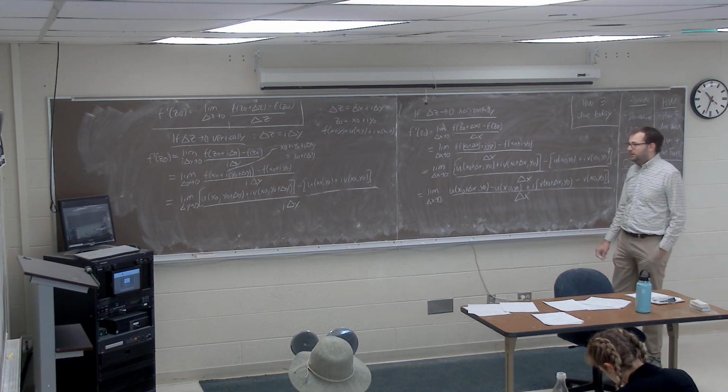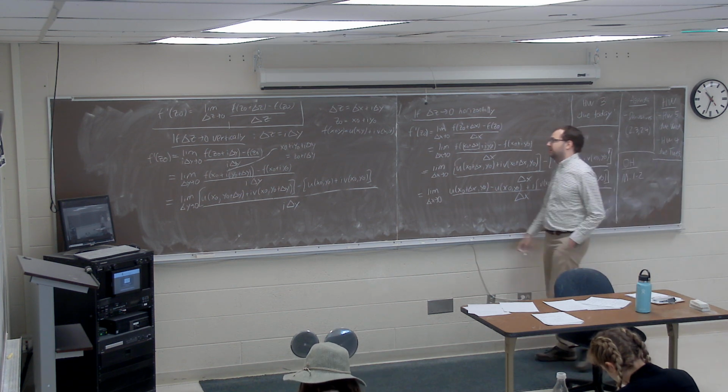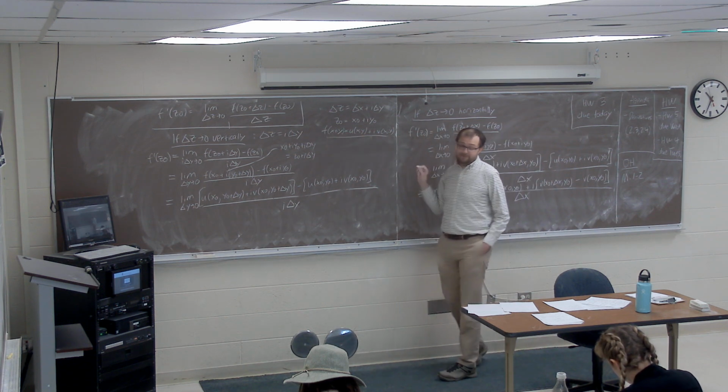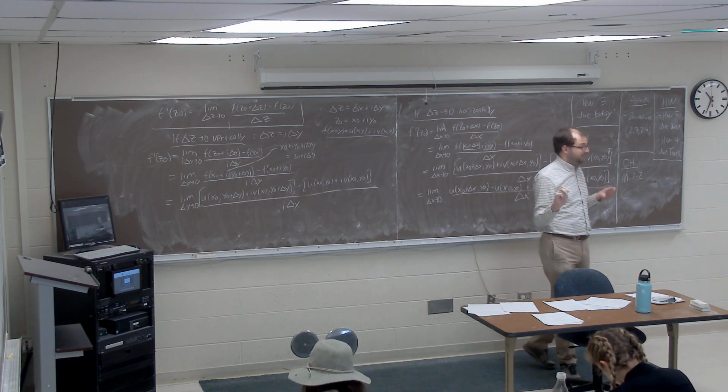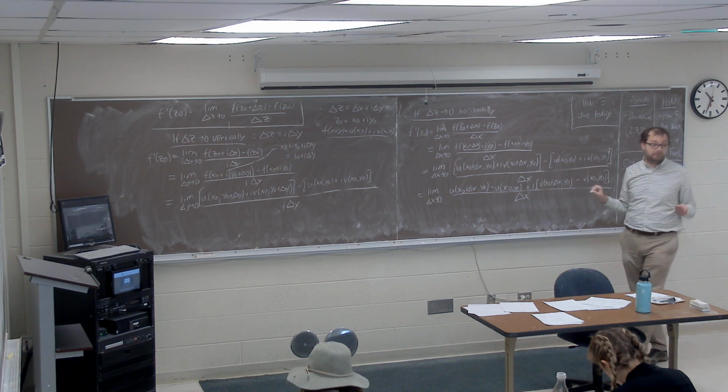So again, this looks a lot bigger and scarier, but we really just use this formula here to break up f into its u plus iv form, to real and imaginary components.